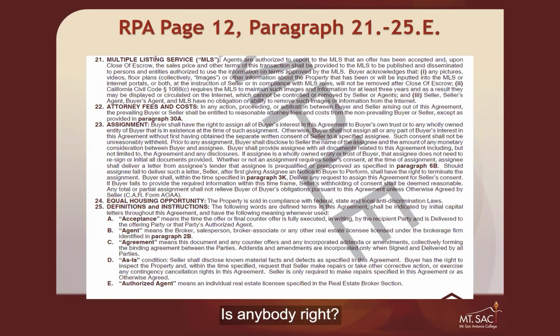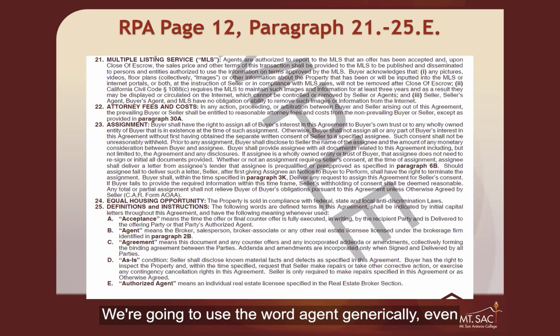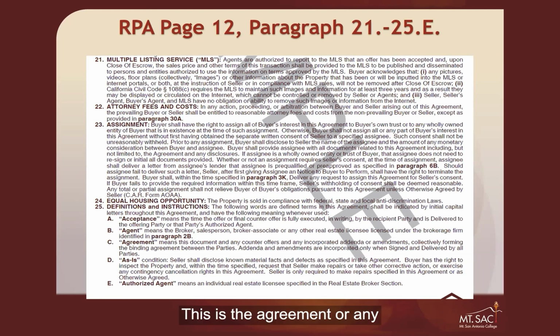Agent is anybody, right? Licensee, sales associate, broker associate, broker. We're going to use the word agent generically, even though under the statute, the agent is the broker. But we're using a very lay definition of agent here. This is the agreement or any addenda added to the agreement.